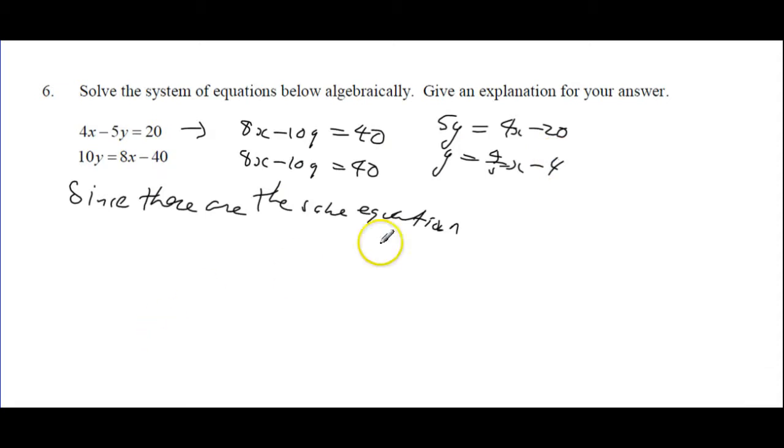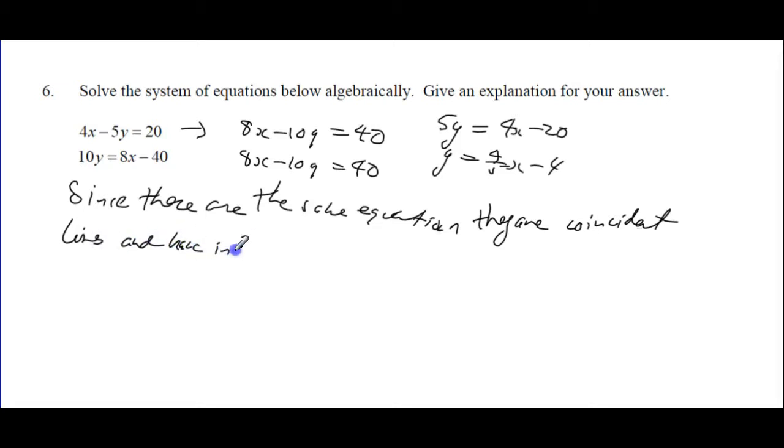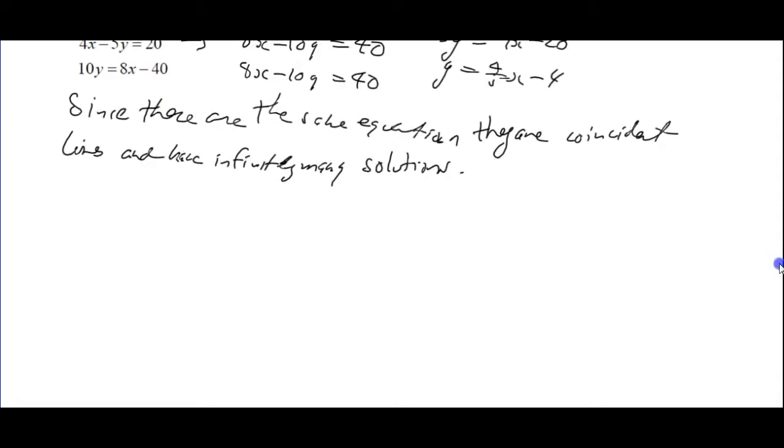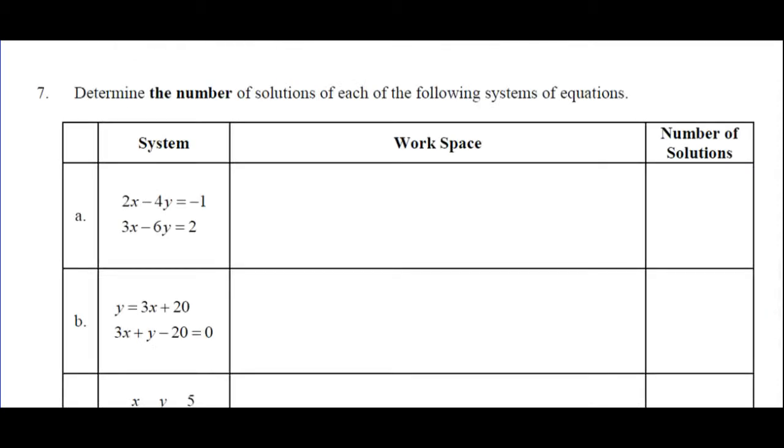So since these are the same equation, they are coincident lines and have infinitely many solutions. Right, so basically any point that satisfied this equation would also satisfy that equation, and there are infinitely many points on any line.